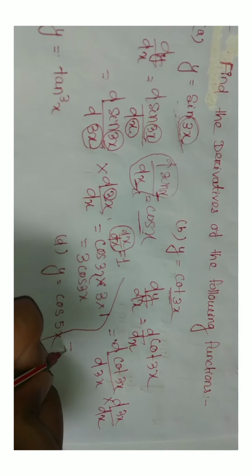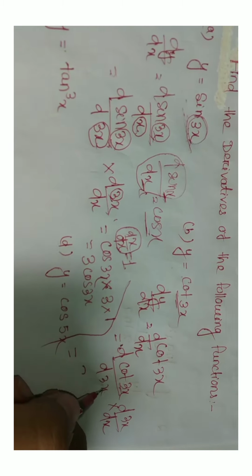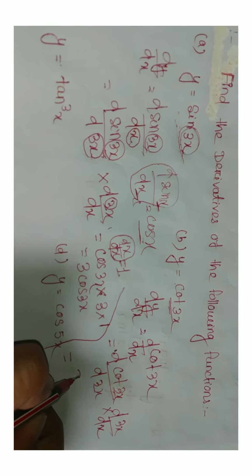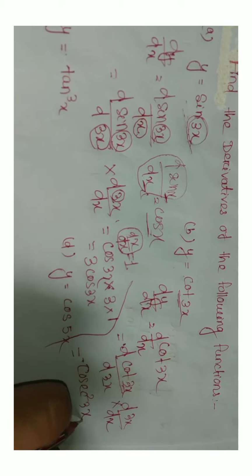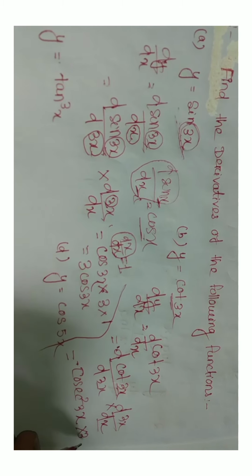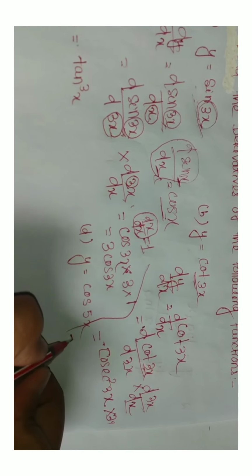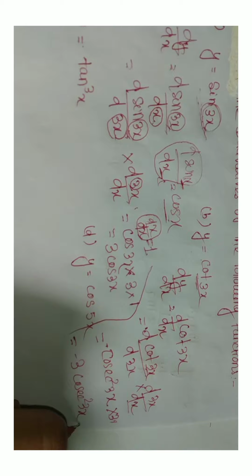The derivative of cot 3x is equal to minus cosec square 3x into 3, and the derivative of x with respect to x is equal to 1, so minus 3 cosec square 3x.